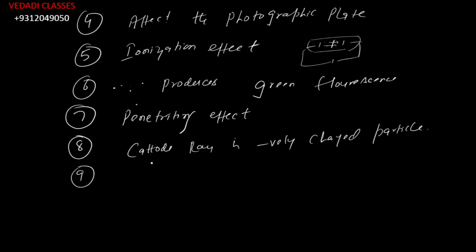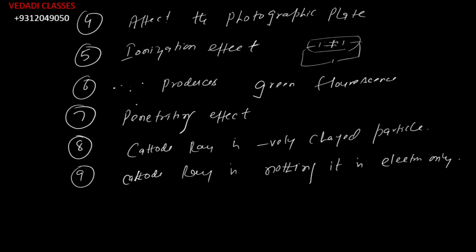Now ninth, finally it was found that the cathode ray is nothing but an electron only. J.J. Thomson proved this.